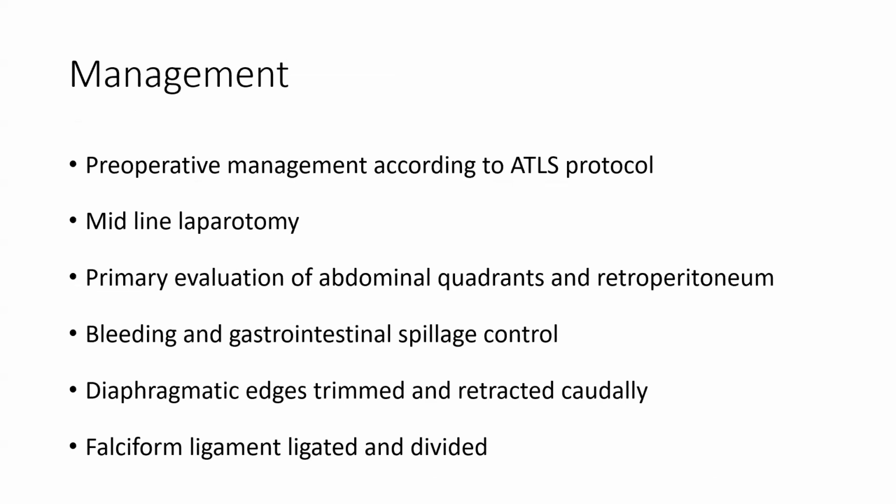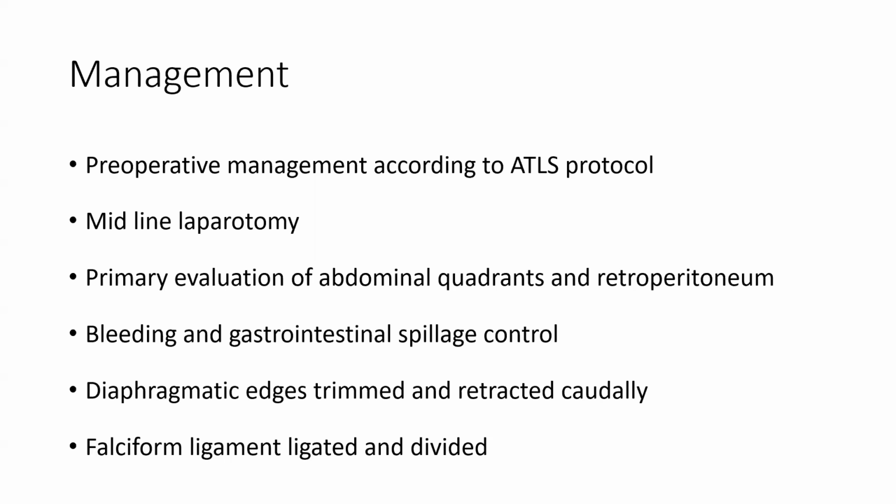Preoperative management is done according to the ATLS protocol, following adequate primary resuscitation. A long midline laparotomy incision is made, and primary evaluation of the abdominal quadrants and retroperitoneum should be undertaken.